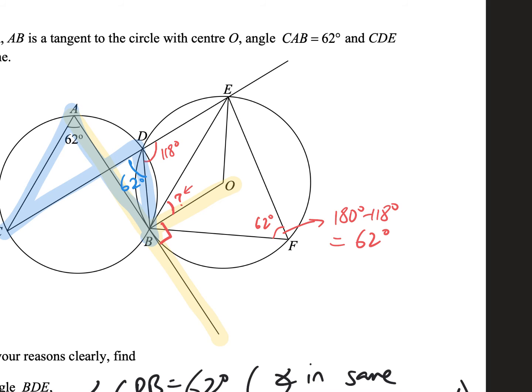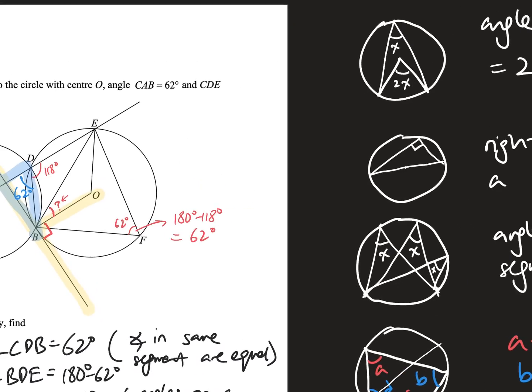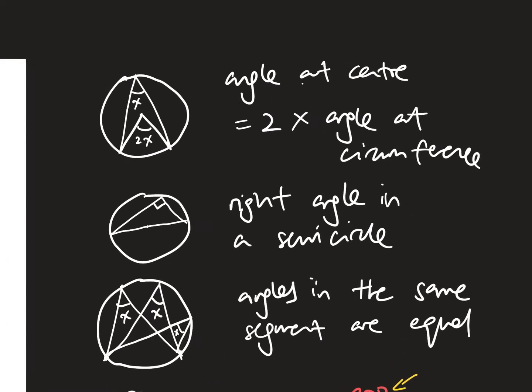Yep. So let's just think about it. The next step is we see that 62 degrees is a part of this triangle. And I see, oh, it's very nice. There's a part going here and there's a part going here. It looks like angle at circumference and angle at center. So angle at center is 2 times the angle at the circumference.